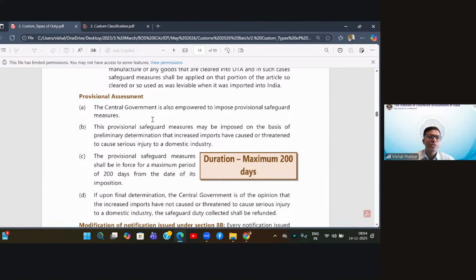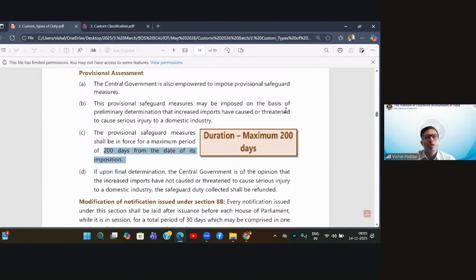So this provision empowers the government to impose this safeguard duty on a temporary basis, which is called provisional safeguard duty. This temporary period is 200 days from the date of its imposition, meaning the government may temporarily impose this safeguard duty and let the inquiry conclude, but it should be concluded within a maximum of 200 days.